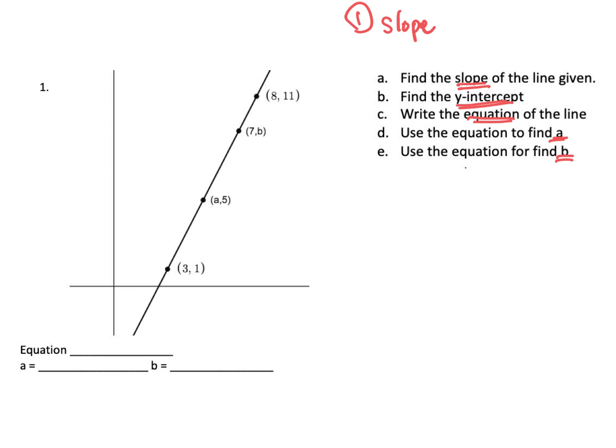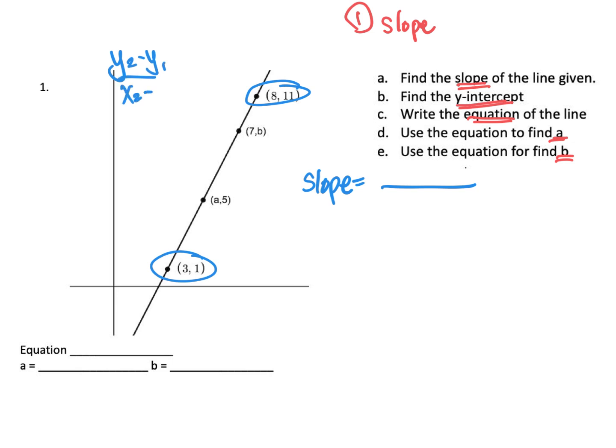So our slope, notice how we have on this here, 2 points that have everything filled in. So we're going to have our slope, and remember, it is y2 minus y1 over x2 minus x1. So y2 is 11 minus y1, which is 1, over x2, which is 8, minus x1, which is 3.